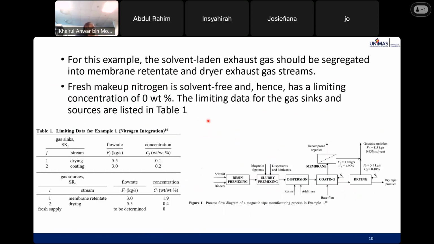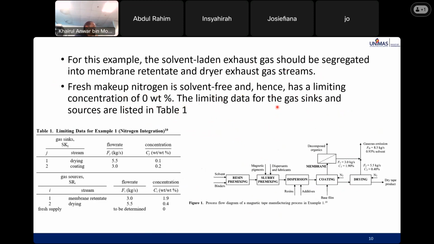For this example, the solvent-laden exhaust gas should be segregated into the membrane tank and dryer exhaust gas streams. The fresh makeup nitrogen is solvent-free and hence has a limiting concentration of 0%, which is pure nitrogen.